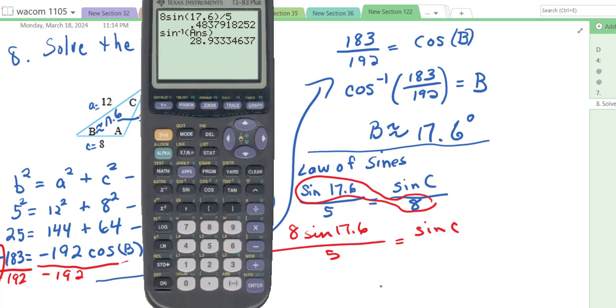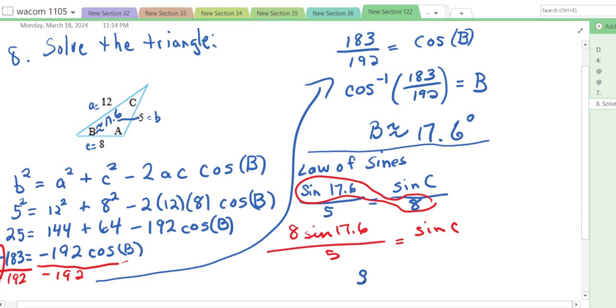So we did sine inverse, and we get 28.9 right from there.